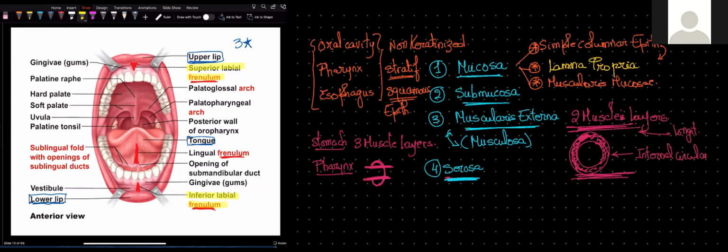And if you remember, something related to the tongue is called either glosso or lingual. So we call the frenulum that attaches the tongue to the floor of the mouth my lingual frenulum. Lingual frenulum.